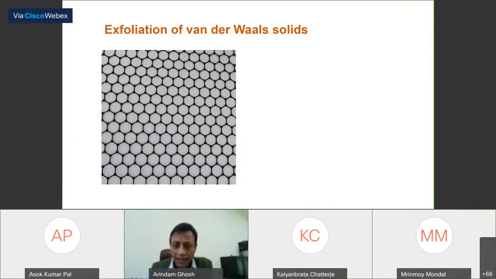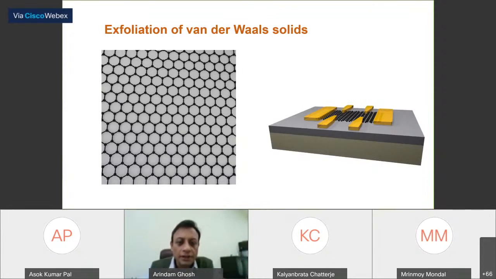So what happened after that is people started making devices. This is a picture of graphene sitting on silicon oxide. Let me just use my pointer. I'm hoping you can see my pointer now.